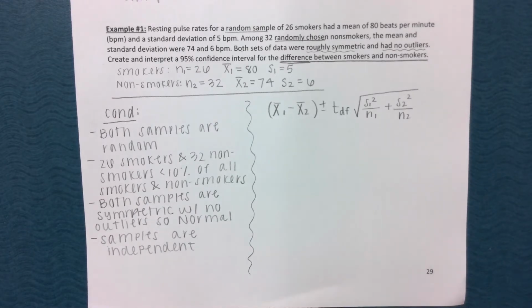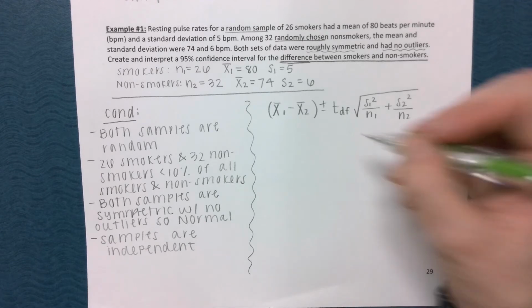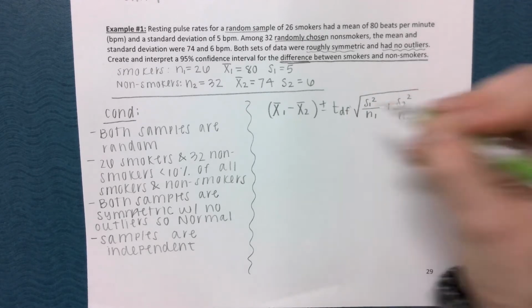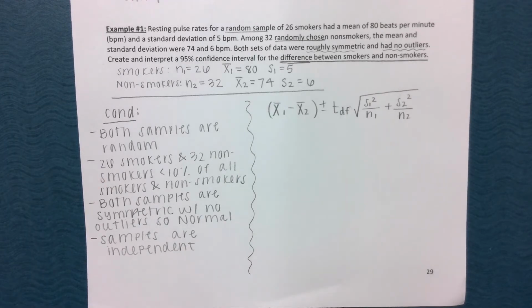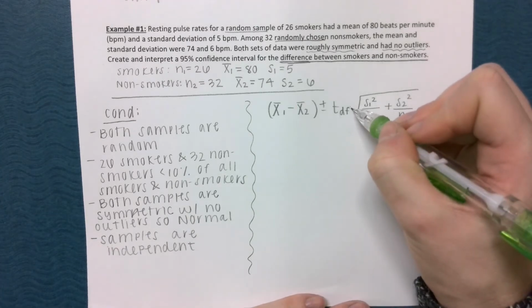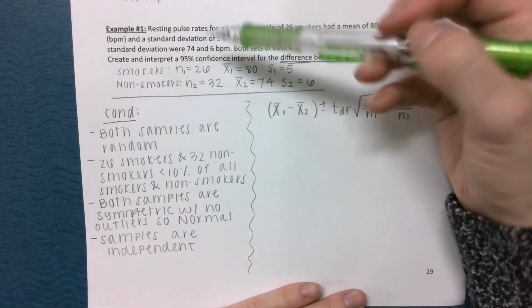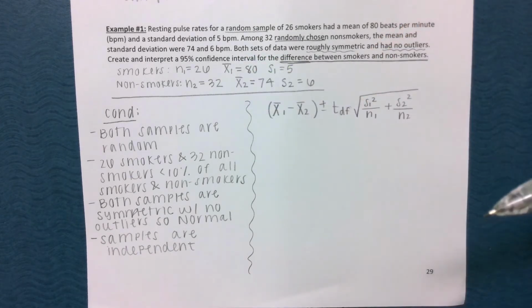Now, typically with one sample confidence intervals for means, we could easily find this degrees of freedom, and once we had our degrees of freedom, it was quite easy to find the t-score. What's tricky is now that I have two samples, right? One sample was 26 and the other was 32. Which value do I use to find our degrees of freedom?